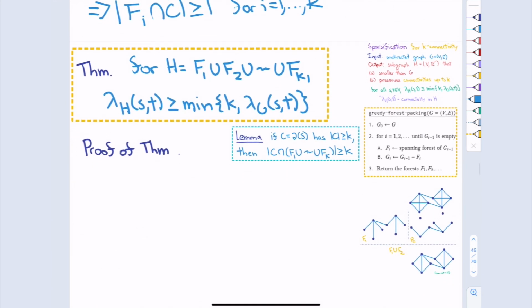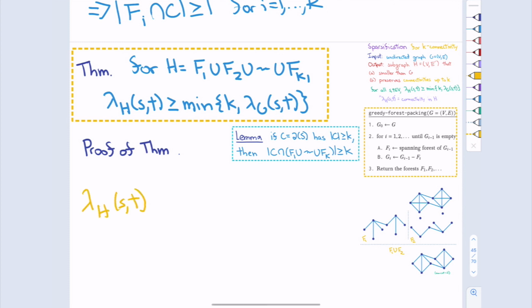Okay, so now that we have that, the theorem follows pretty easily.